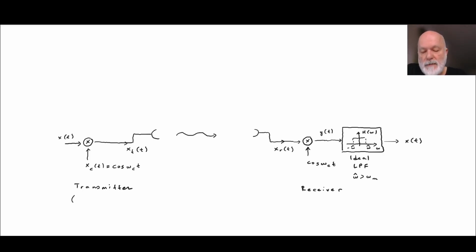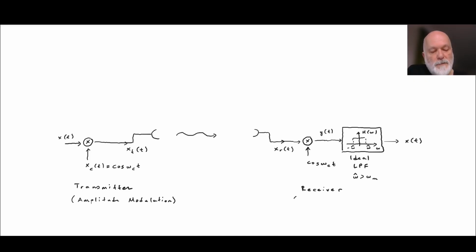and the operation we have performed during transmission is called amplitude modulation, because we multiply the information carrying signal with the carrier signal, and therefore the original signal x of t acts as the envelope of the signal after this multiplication operation.